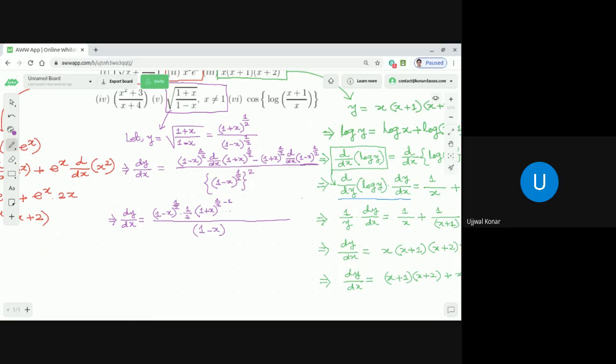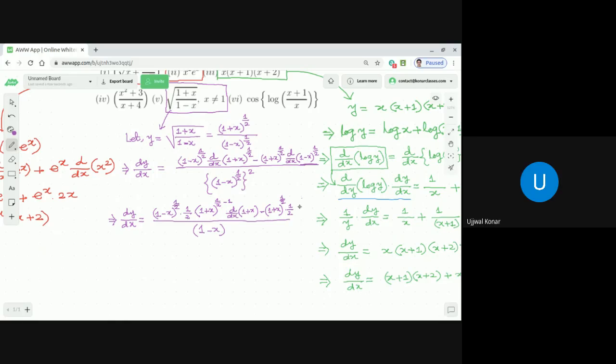All of you, please, I repeat the statement. Into d/dx of, let me write, d/dx of (1 plus x). Chain rule. Correct, no? Minus, in the same manner, (1 plus x) power 1 by 2 into 1 by 2, because we are doing d/dx of (1 minus x) power 1 by 2.